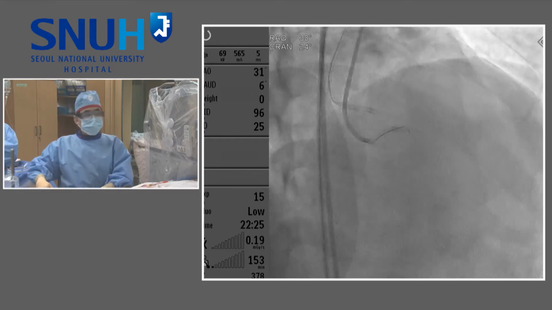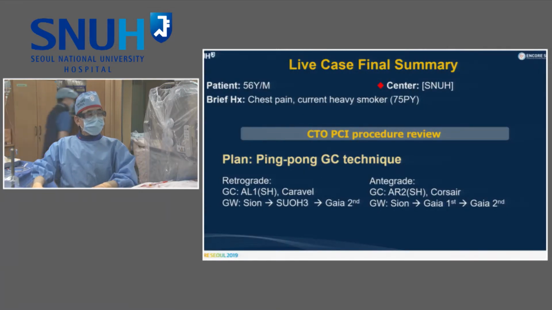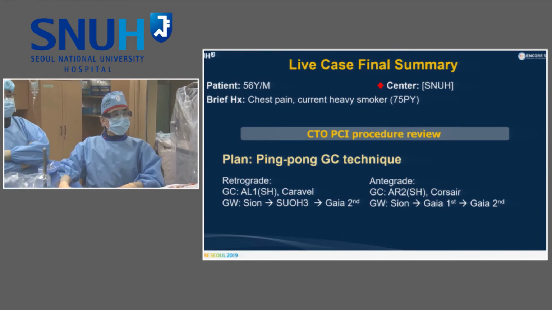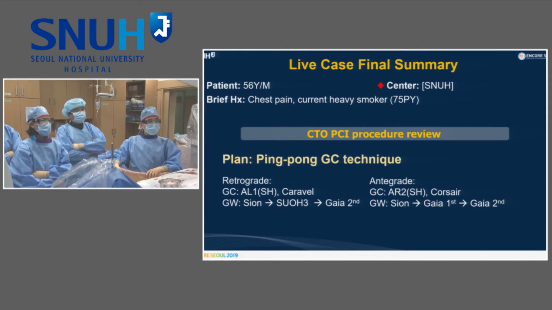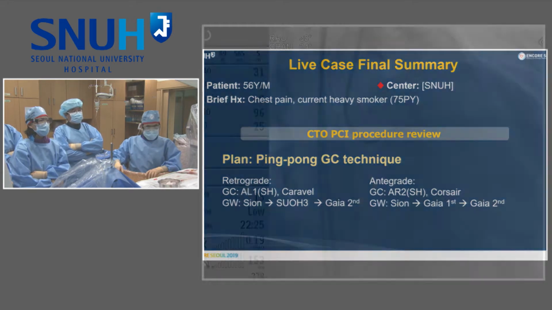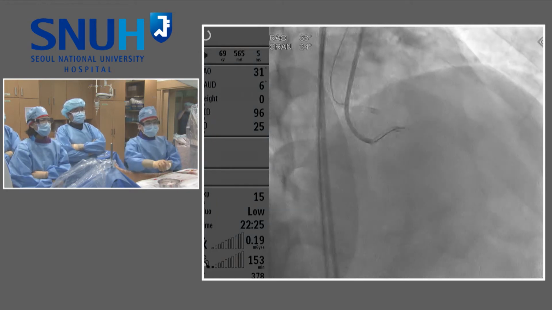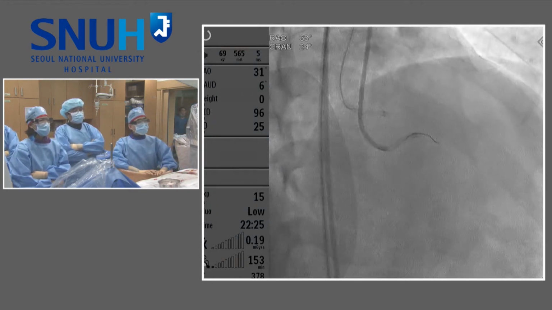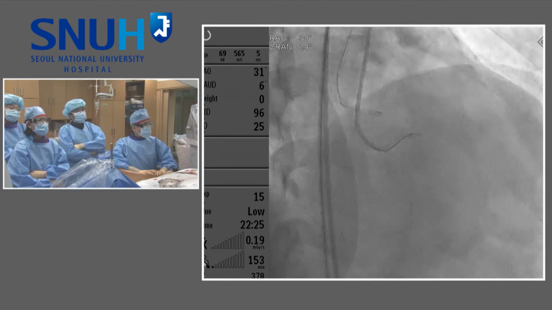I know he's the real expert about his treatment strategy in these cases. Most of the time, I start to use a septal channel in such a case. But in this case, LAD is diffusely diseased, and also the PD branch is not so big. So in order to avoid ischemia, I totally agree with Dr. Kim. Epicardial channel is better.